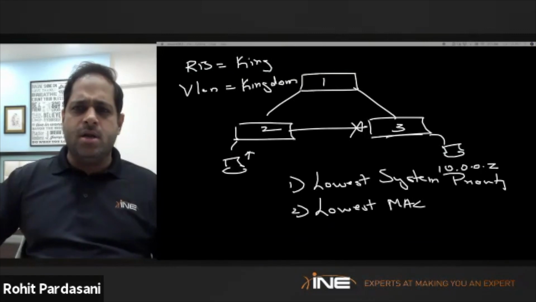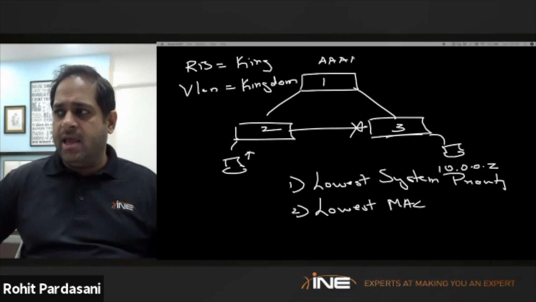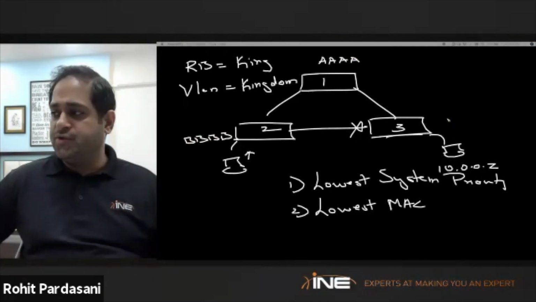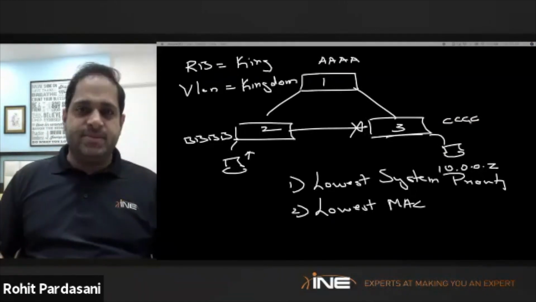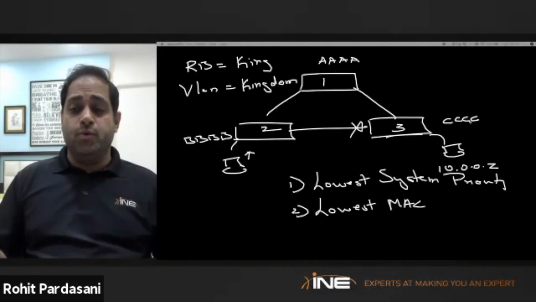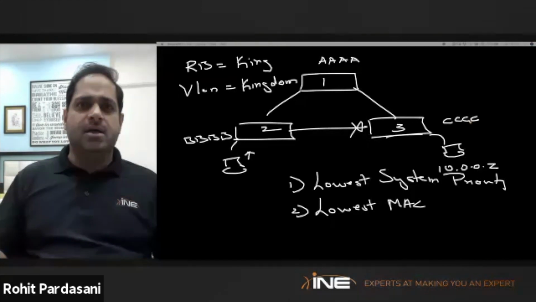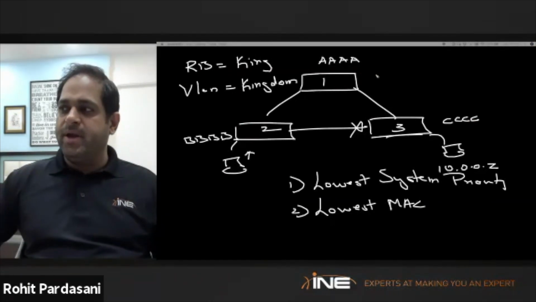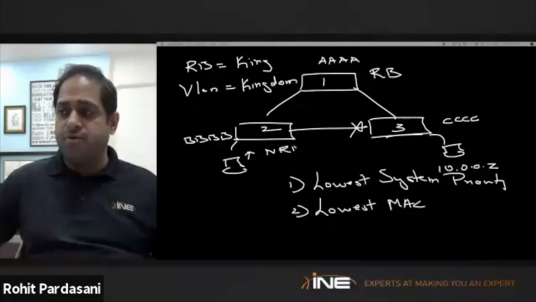Let's say switch 1 had a MAC address of A, switch 2 was B, and switch 3 was C. In that case, because the priority is the same, it would then compare the MAC address. Switch 1 has a lower MAC address. Because of that, switch 1 wins and becomes the root bridge. So switch 1 would be called the root bridge. Switch 2 and 3 would be called the non-root bridges.